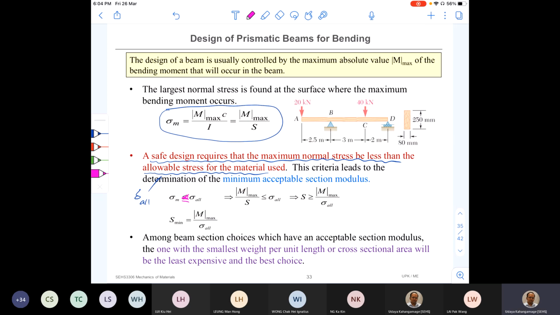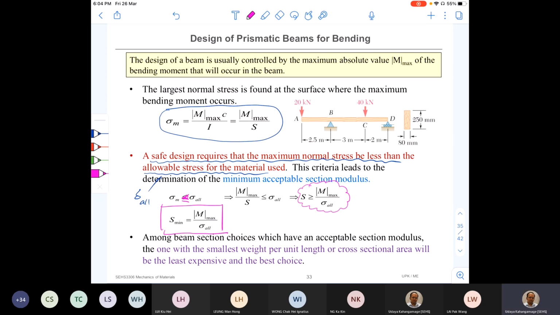After simply substituting the numbers, you find that this will give me a relationship for section modulus. My section modulus of the member should be greater than or equal to the ratio between the maximum bending moment and allowable material stress. Therefore, the minimum section modulus required comes from the equal sign.